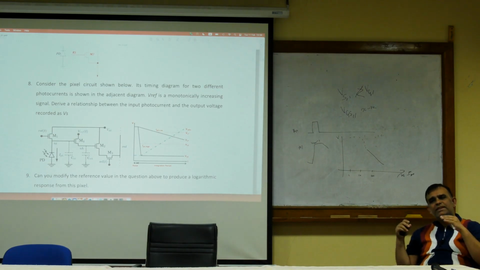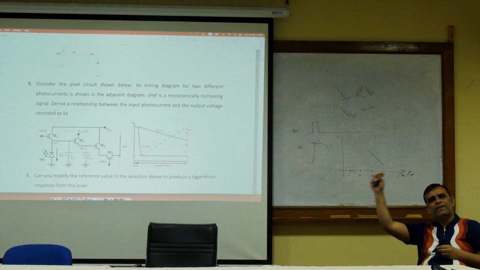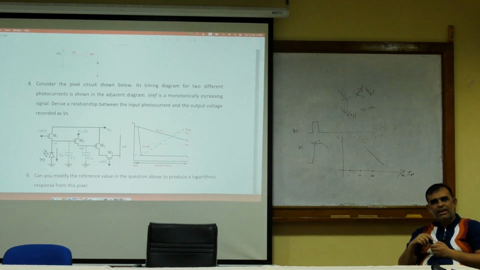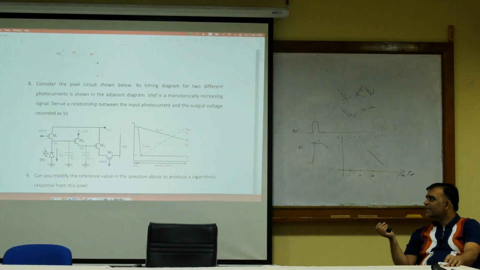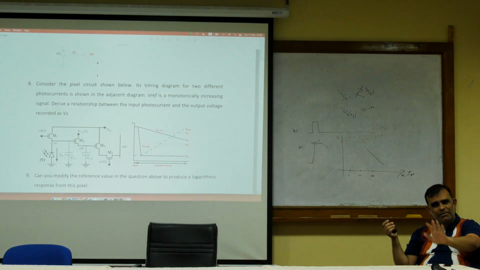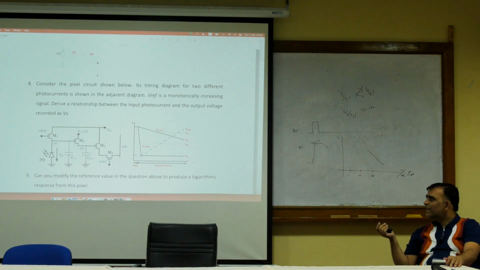Remember we talked about this idea wherein why don't we feed a reference signal to the pixel and put that comparison as a metric of the signal input. Now comparators can be very large. So I designed a comparator saying why can't we use a single transistor as a comparator? Not a great comparator, it's not a brilliant comparator, but it kind of works.